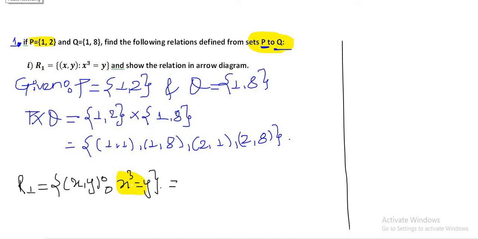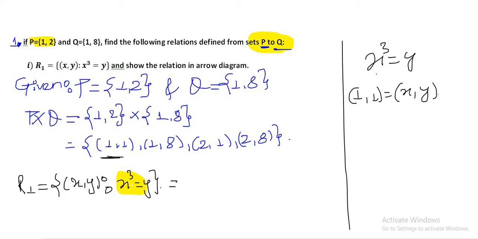I have taken the first ordered pair, that is (1, 1), and you know that the first number is our x and the second is our y. Substitute x by 1 in the given condition: 1 cube equals 1, and y is 1. So 1 equals 1 always, and because of that this is a true statement.